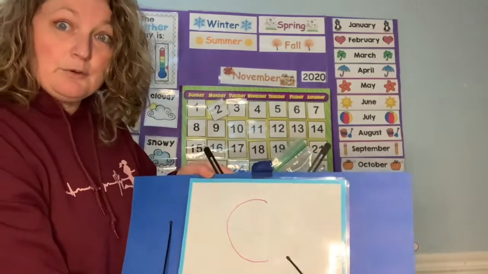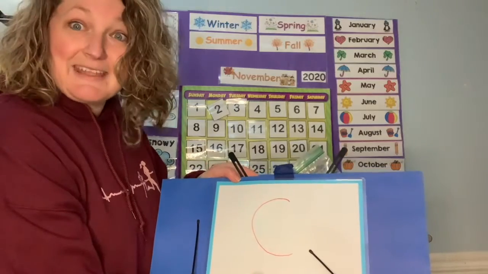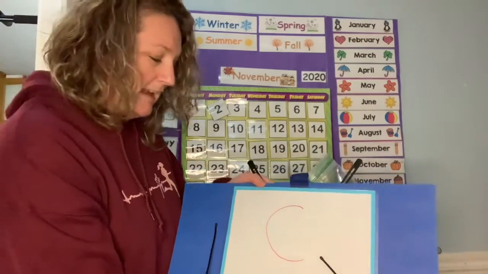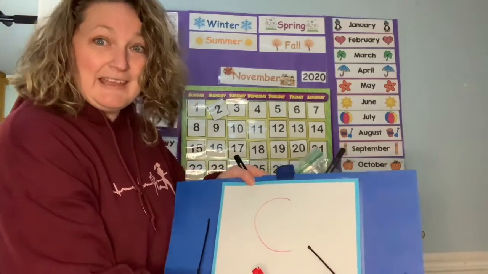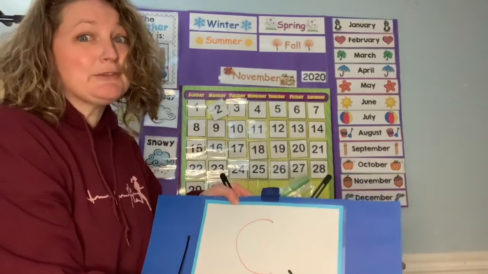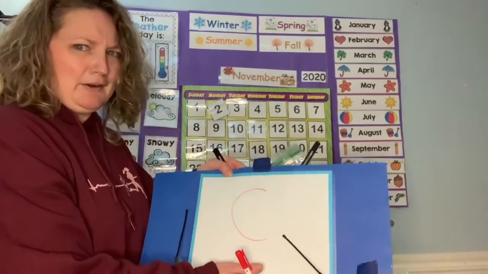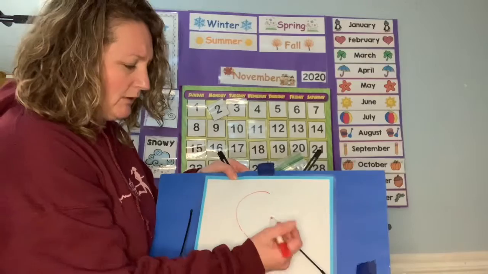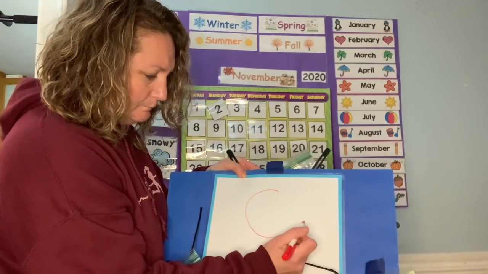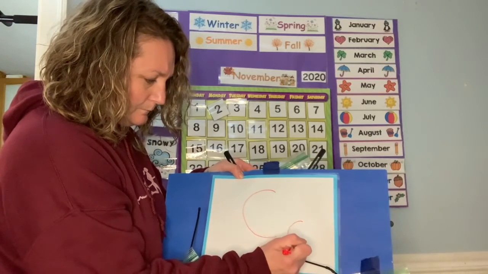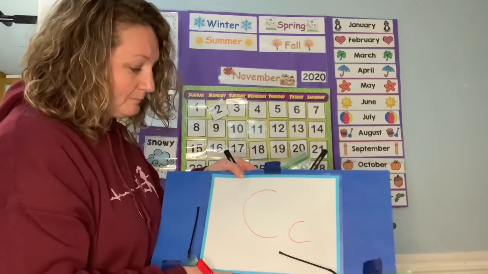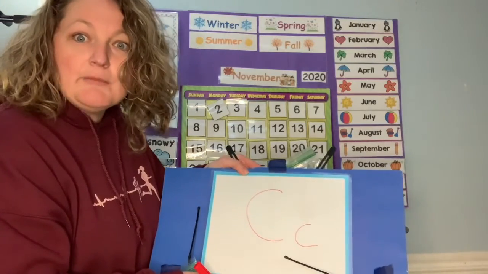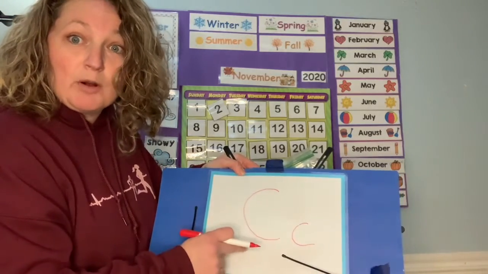It doesn't close. That's the capital letter C. And the lowercase letter C, he's so cool because he looks just like the capital letter, just smaller. Check this out. C.